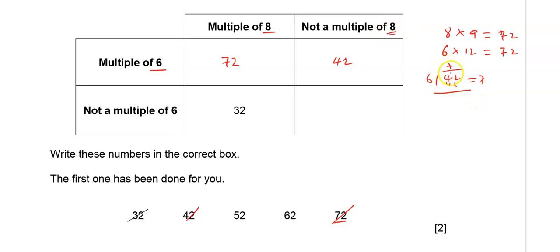Of course, 8 times 5 gives you 40, so there's a remainder of 2. So 42 divided by 8 will give you 5 and 2 over 8, which is not a whole number, so it is not a multiple of 8. Therefore, 52 and 62 are not multiples of 6, neither are they multiples of 8.